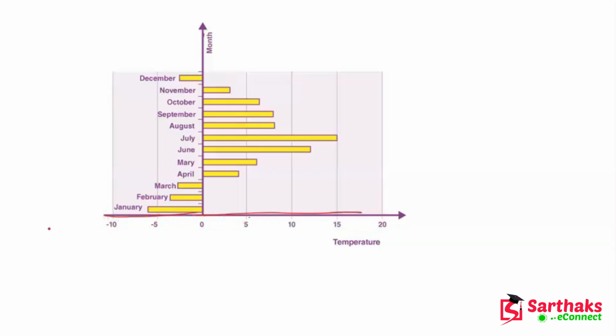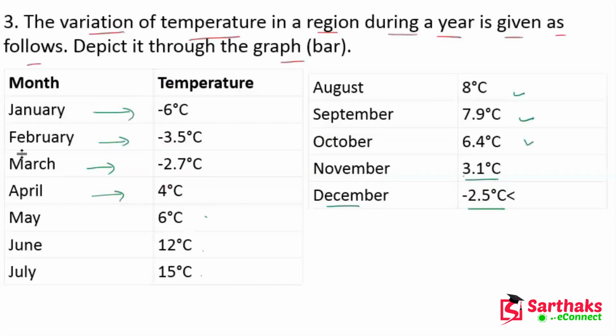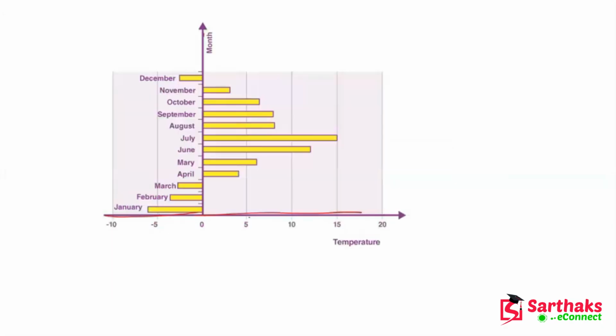In the month of January it is minus 6 degrees centigrade, so the length of the bar is equal to minus 6. This is a horizontal bar graph.